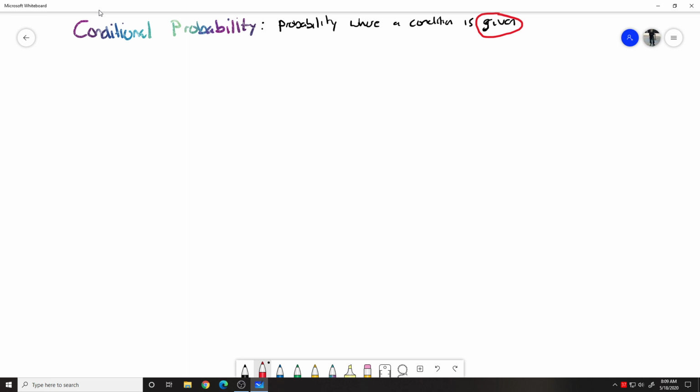This one is more difficult because I can't really give you a formula to follow; it changes based on what the question's asking. In a nutshell, conditional probability is where some sort of condition is given to us that has to be met first before we can figure out the probability of it happening.